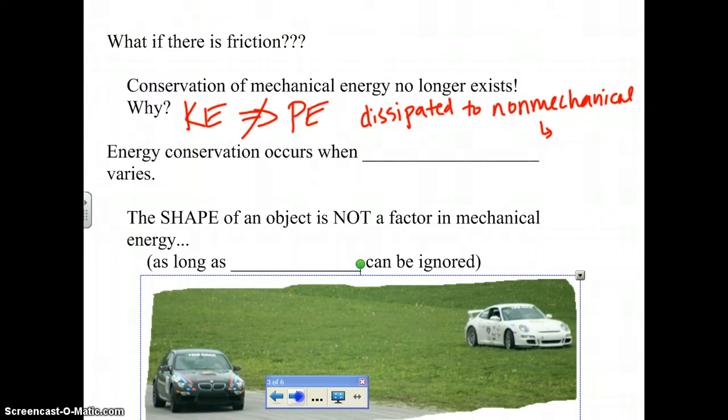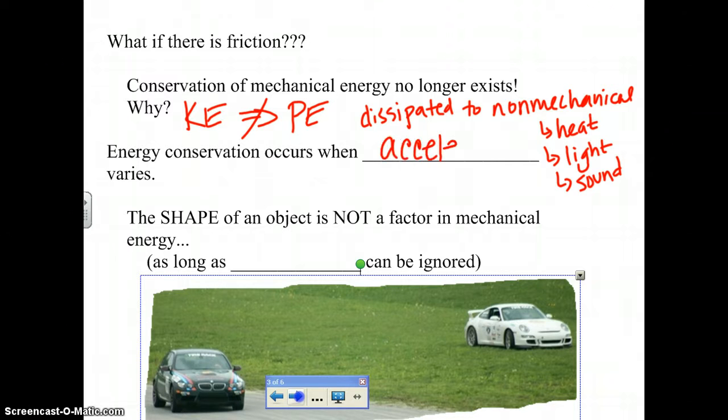And that dissipation is present in heat, light, and sound. So if the system gives off some heat, if the system gives off some sound, then it is going to be non-mechanical energy.